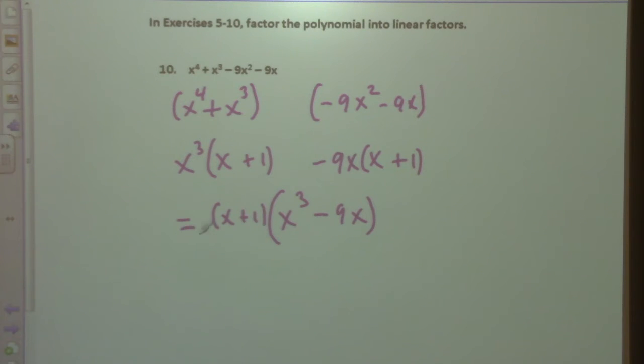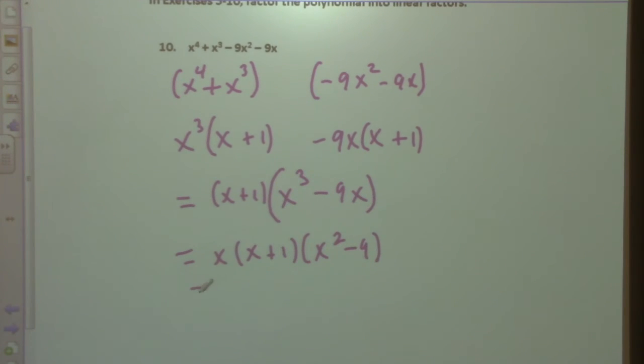X. So we have x plus 1, and we factor out x, we have x squared minus 9. So what do we end up with? X plus 1, and then x plus 3, x minus 3. Okay, so that's it.